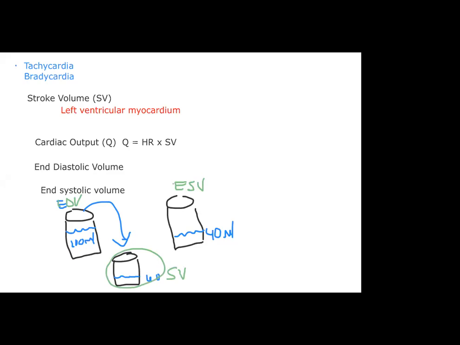Okay, so we can figure out how much blood came out of the ventricle by looking at how much blood is in the ventricle when it was full and subtracting how much blood is in the ventricle after we empty it. So that means that stroke volume equals end diastolic volume minus end systolic volume.